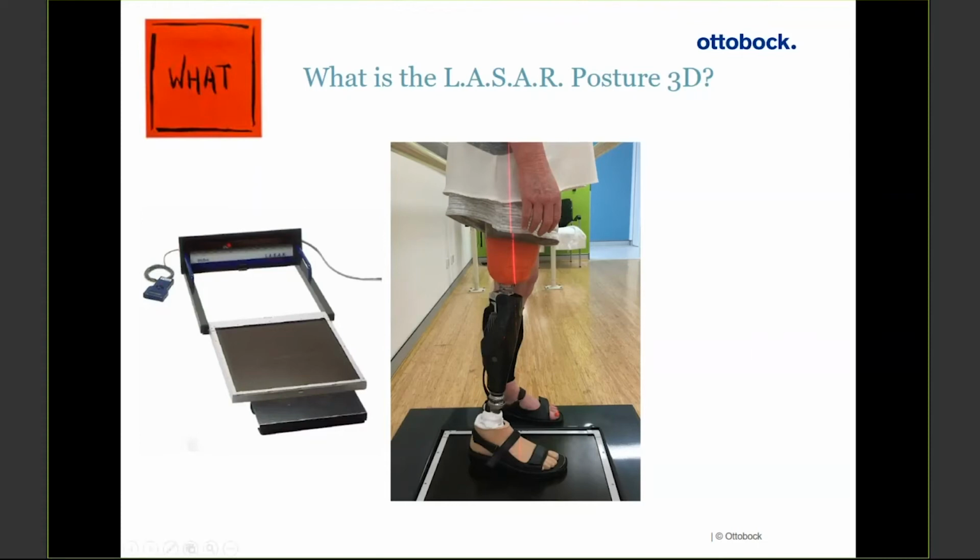The original version, as you can see on the screen here, let me see if I can get my little laser pointer. Okay, so what you'll see here is a very large force plate, and then we have this small compensation plate to the side. As the patient was standing on the force plate, there are 4 cells in here. They had their affected side on the force plate and their sound side, or contralateral side, on the small compensation plate here.